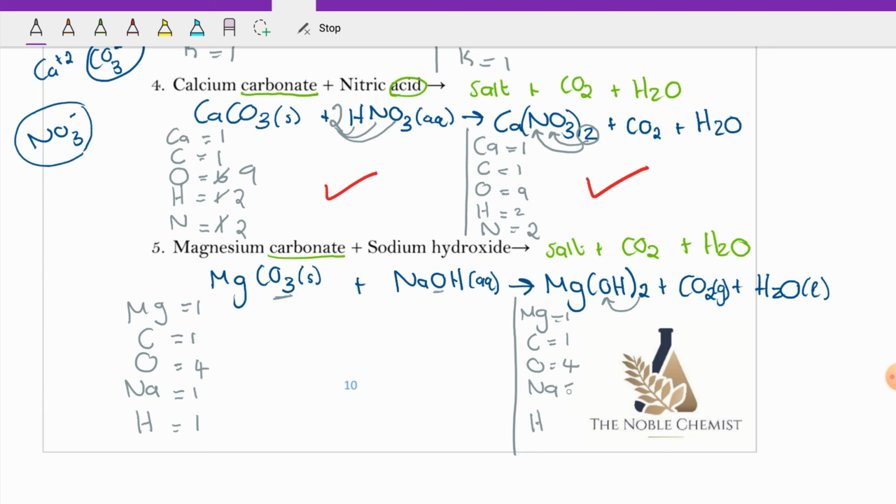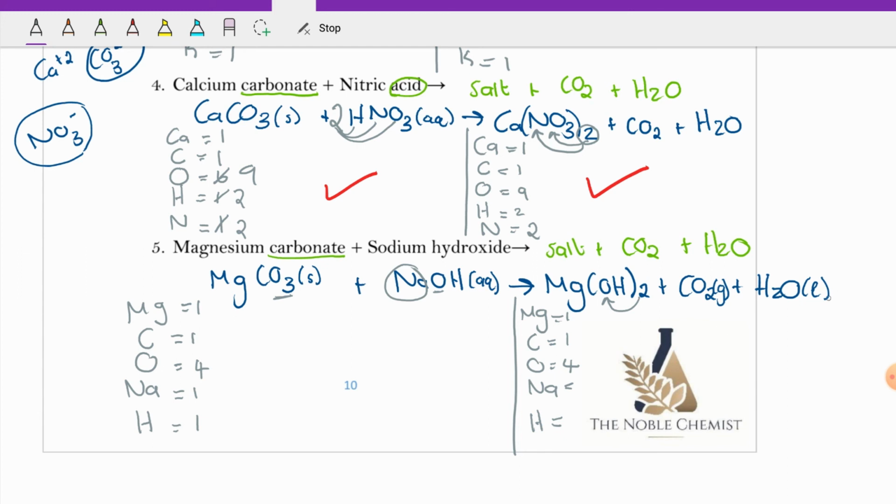I've got sodium and hydrogen. Now, question is, where on earth is your sodium ion? Your sodium ion can just be in solution. Sodium carbonate can form. Okay, so you can see that that was not included in this reaction.